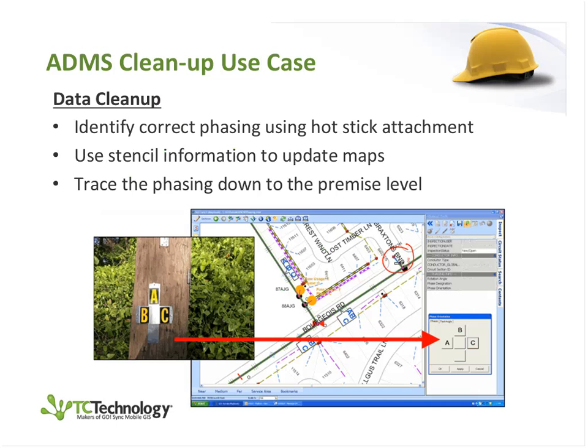When they come to a tap point or a roll point, they'll tack a stencil on the pole. And then they get out ahead of the group that's going to be coming behind with the map. The map has all of the enterprise GIS data on it, and then it's got some customized tools that are going to allow the phase mappers to quickly and accurately input information into that system.